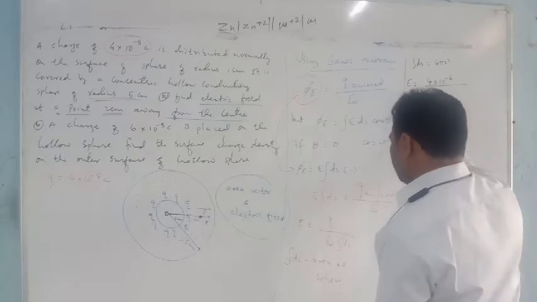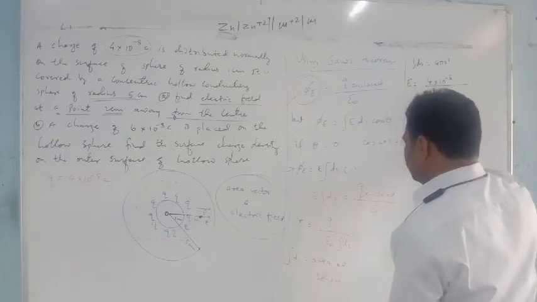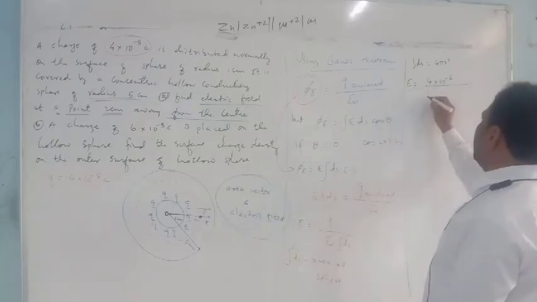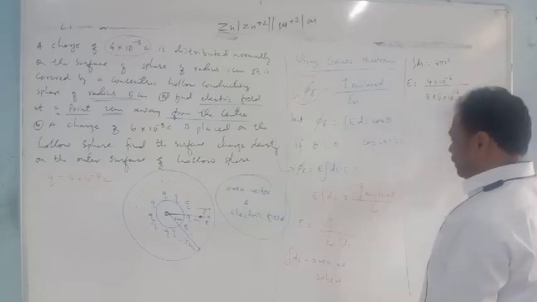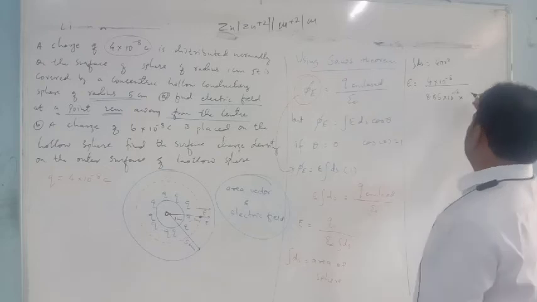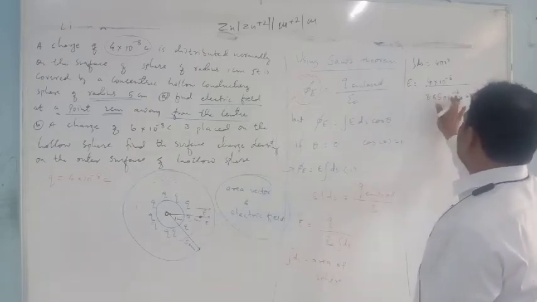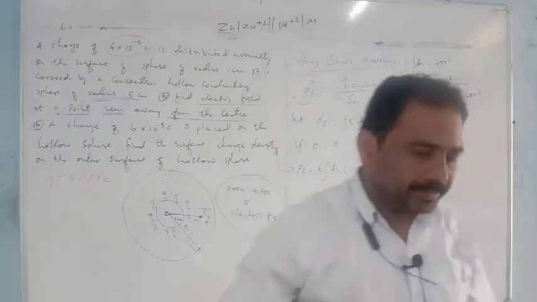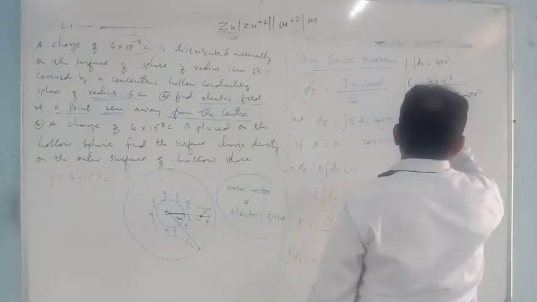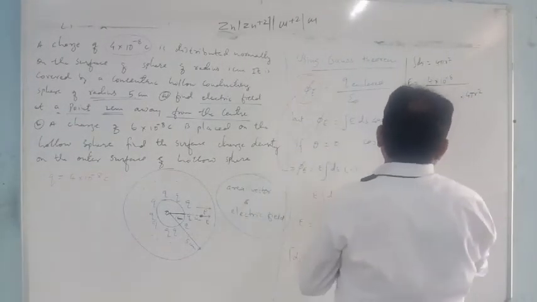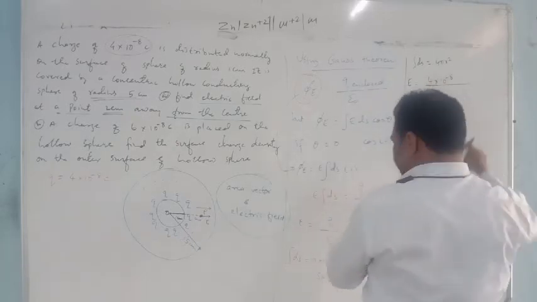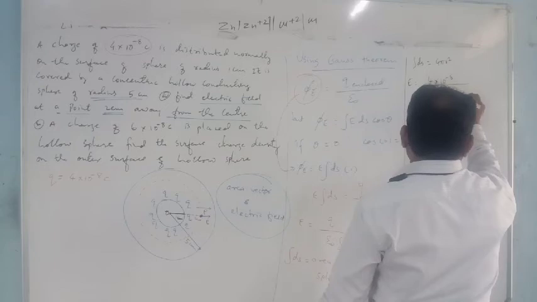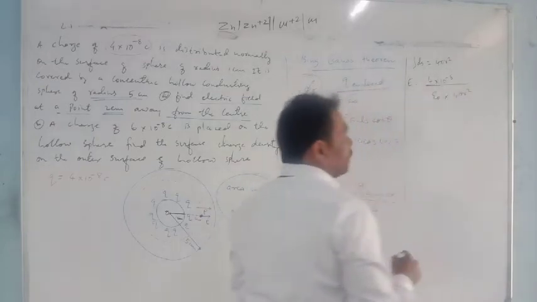The value of epsilon naught is 8.85 into 10 to the power minus 12.